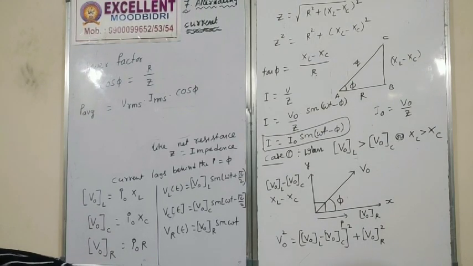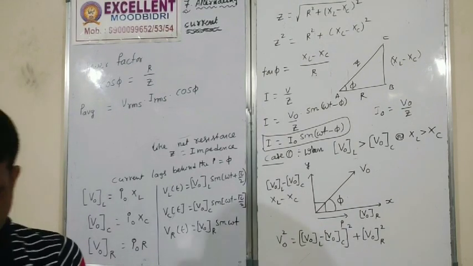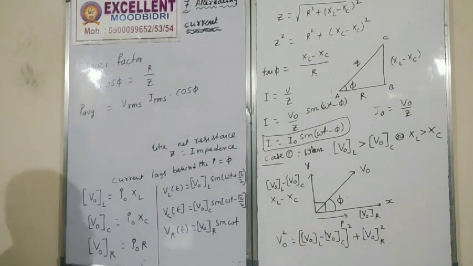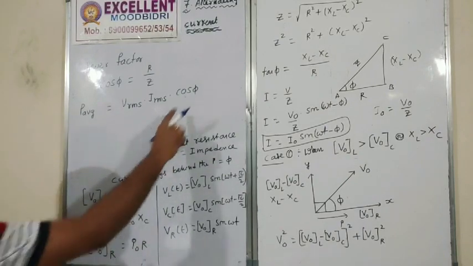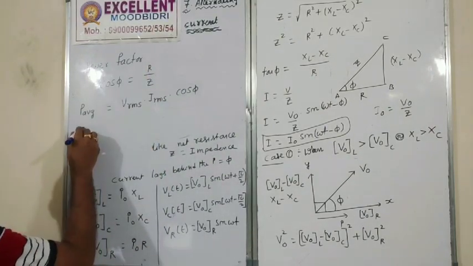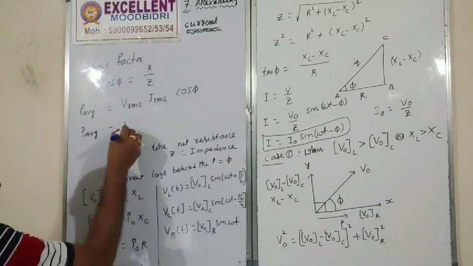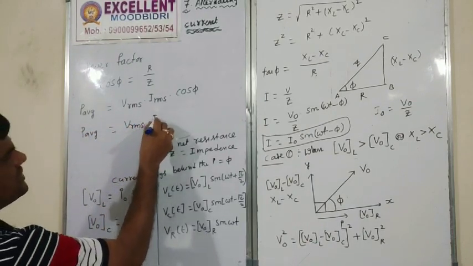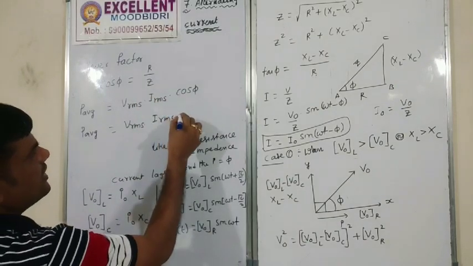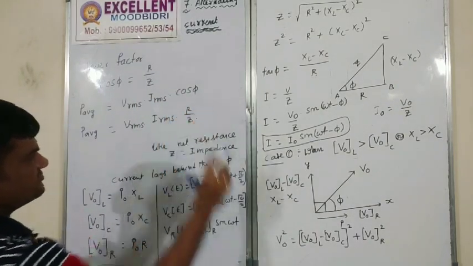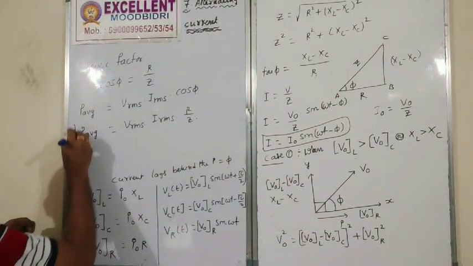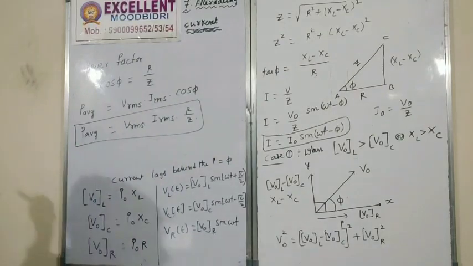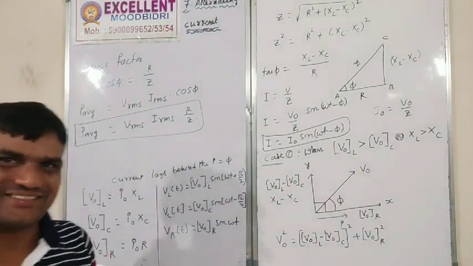Therefore, cos phi is R by Z, so average power is equal to V RMS into I RMS into R by Z. This is the average power. So case 1 is finished.